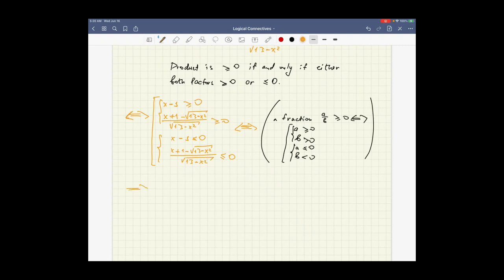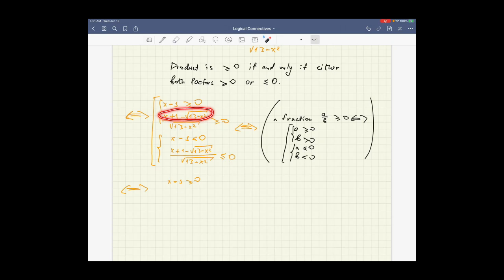Alright, so for the first system we have x minus 1 is greater or equal than 0. But this actually is an easy situation, because in this fraction we have a square root, and the square root cannot be negative, so this situation is impossible for us. So we must have this strictly positive to ensure we're not dividing by 0.